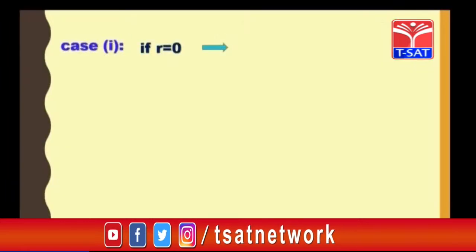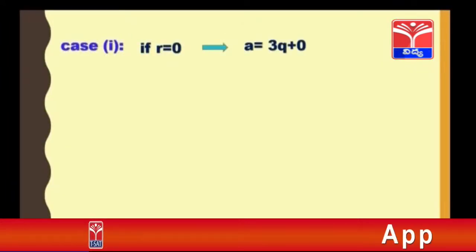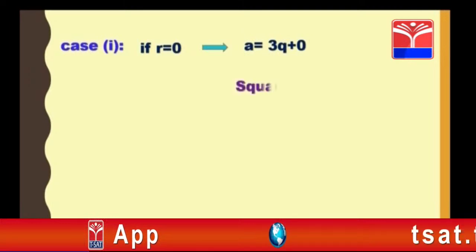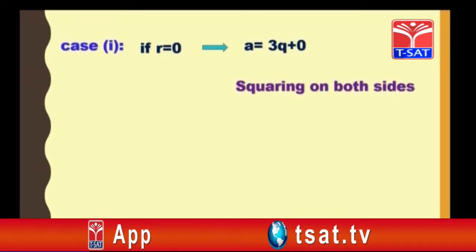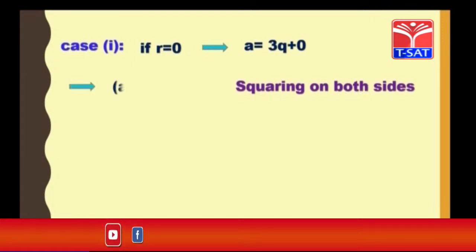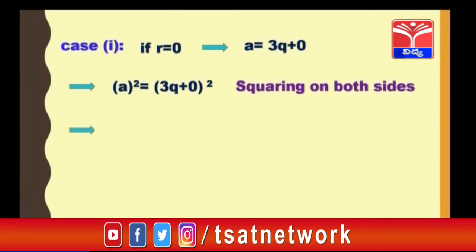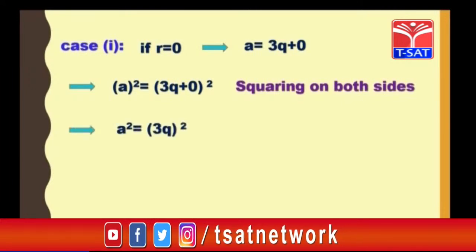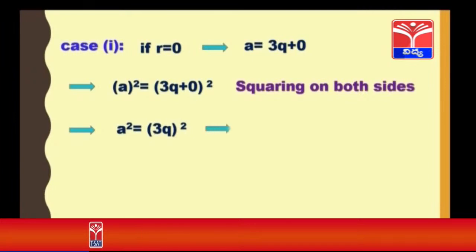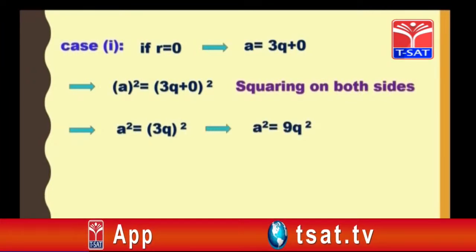If r is equal to 0, I can write a is equal to 3q plus 0. The question is the square of any positive integer, so I need to square both sides. Then a square is equal to 3q plus 0 whole square, which can be written as a square is equal to 3q whole square, which is a square is equal to 9q square.